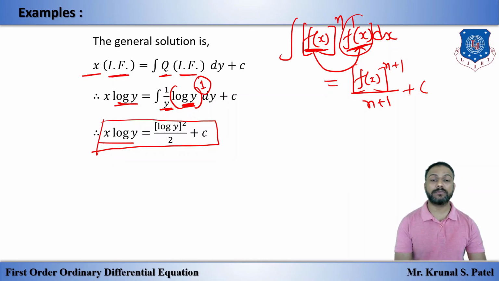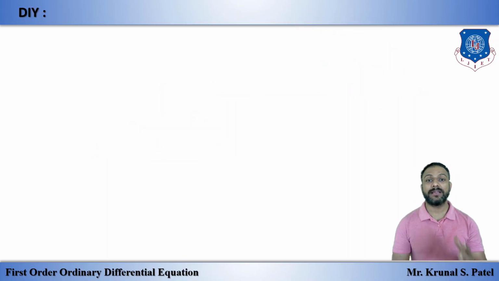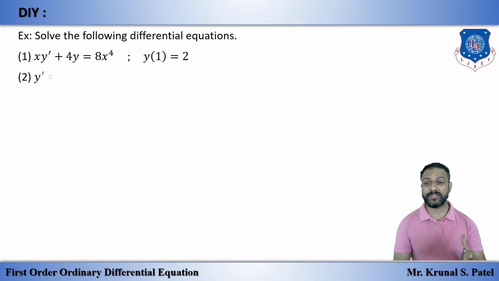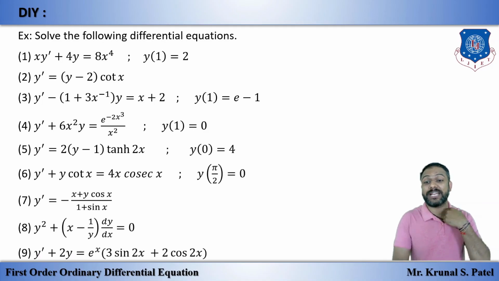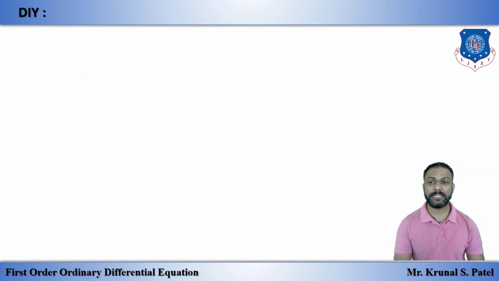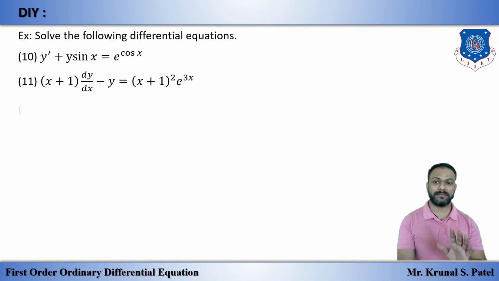So how we identify each and every different differential equation, you should know by understanding each and every example. First of all, we have so many methods, till now we have 7 methods. In non-exact we have 6 methods separately.